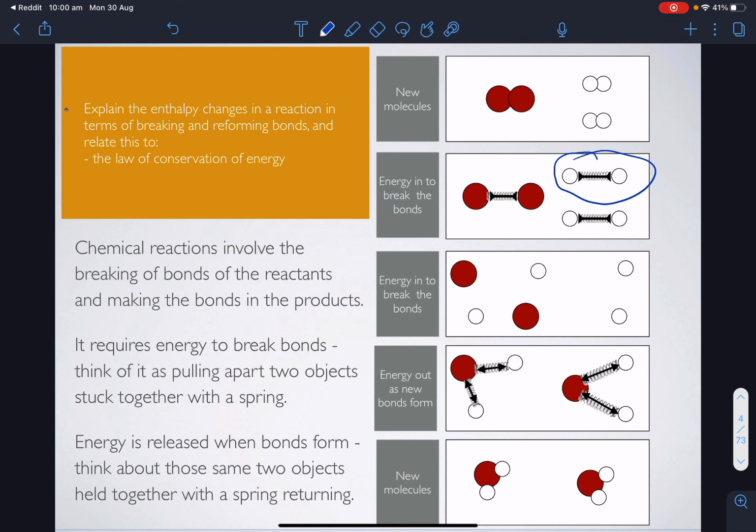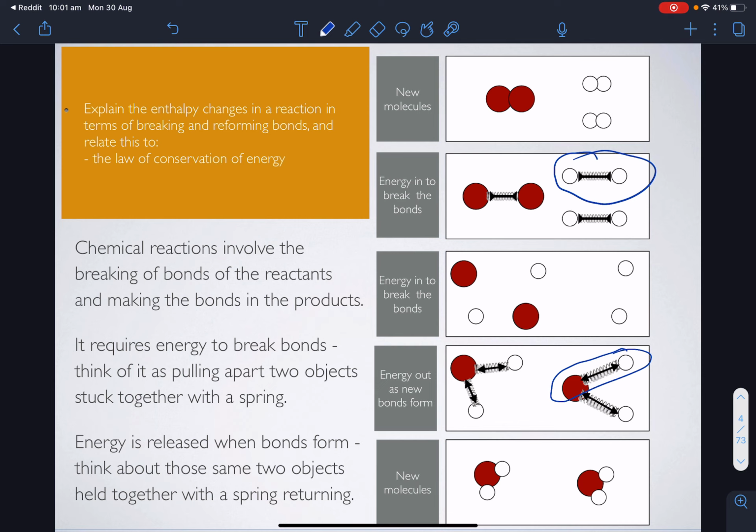To pull them apart, you've got to put energy in to stretch the spring away and then break it. And then when you put them back together, they're attracted to each other, the different atoms, and they come in nice and close, and they sit close, and they release energy in that. That's the opposite energy of breaking those bonds.